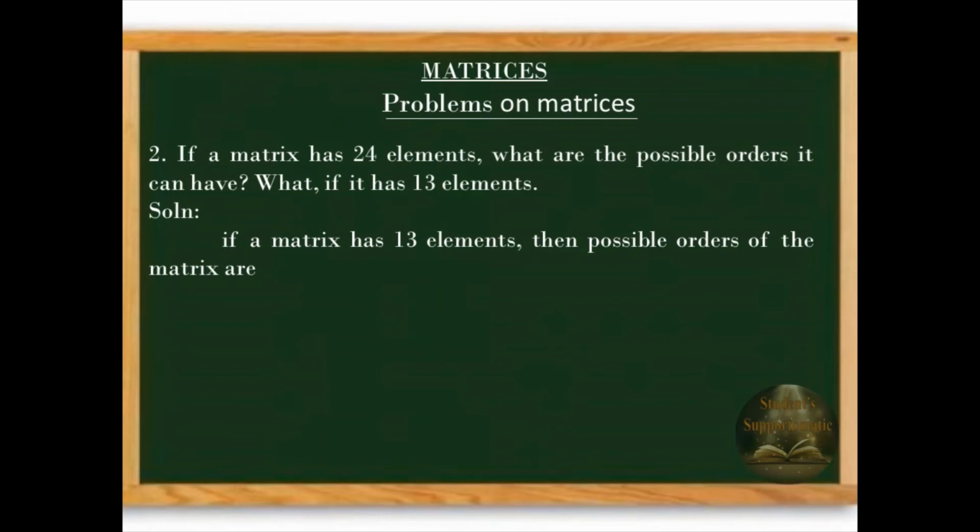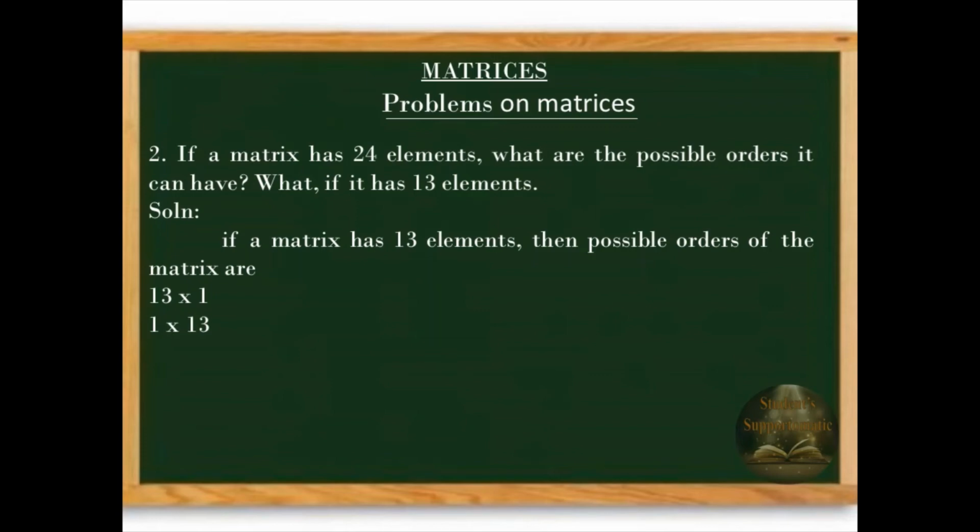We will get 13 in only two possible cases: that is, 13 ones or 1 thirteen. So the possible orders are either 1 by 13 or 13 by 1. It means 13 rows and 1 column, or 1 row and 13 columns. Got this? So this is the second problem.